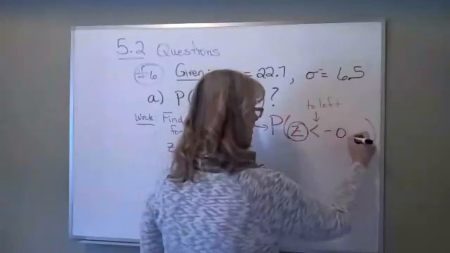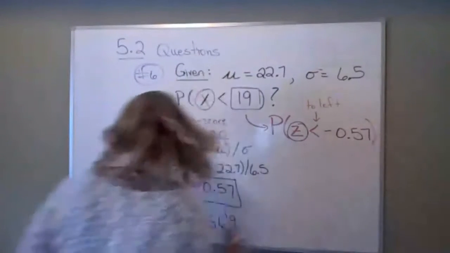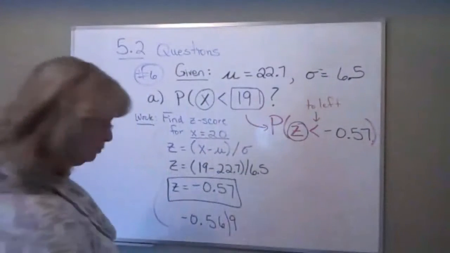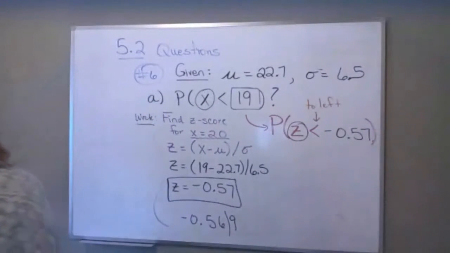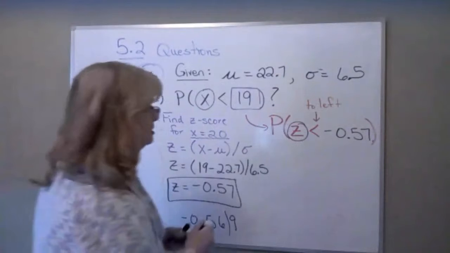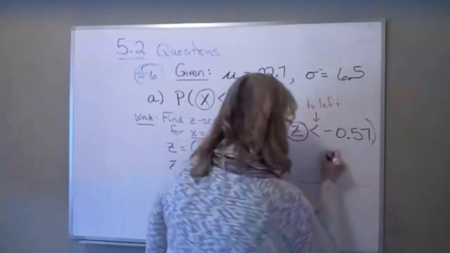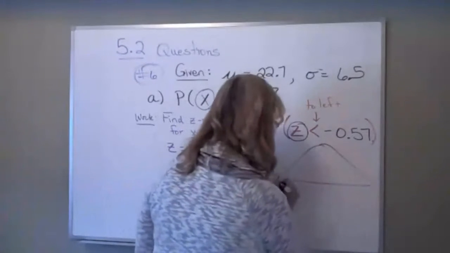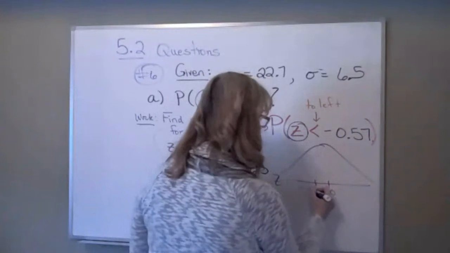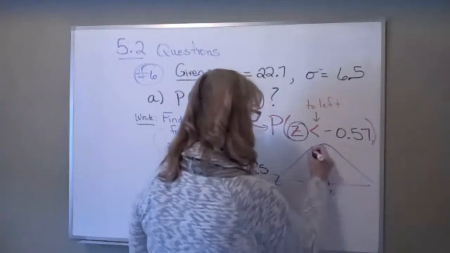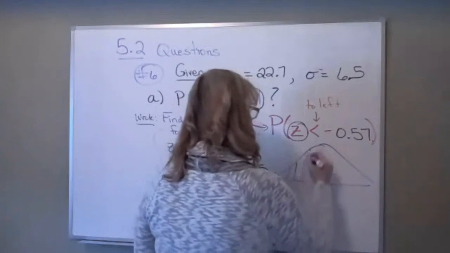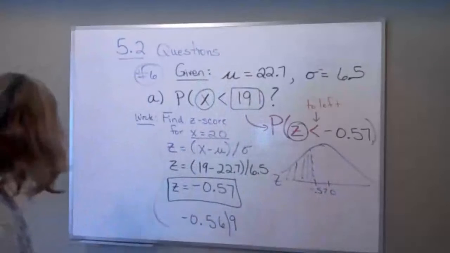Yes, it came out to that. Okay, so that's the number we're going to put right here. So we're practicing this one more time. And then you should have drawn a picture. So I'm just going to do this real fast. Your negative 0.57 is over here to the left of 0. And we shade this area.